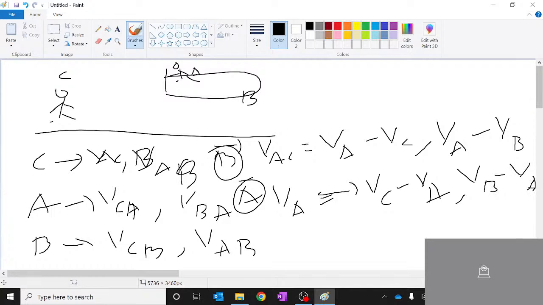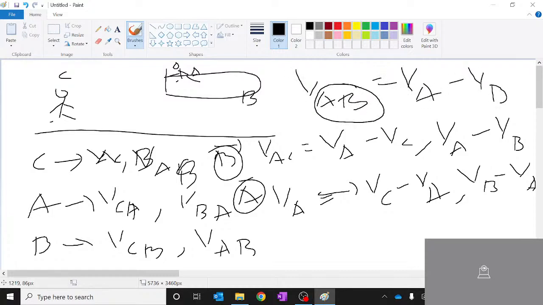You can have multiple equations, multiple velocities coming up. All you have to do is fix the observer, fix the frame of reference, from which you are observing. So then it is simple. VA minus VB is velocity of A minus velocity of B. What is VAB? Velocity of A from the observer's point of view of B.